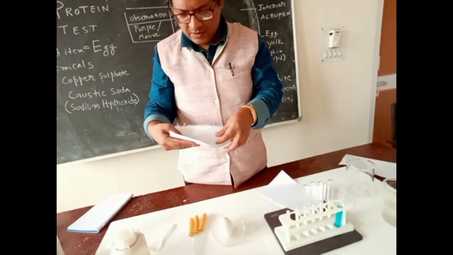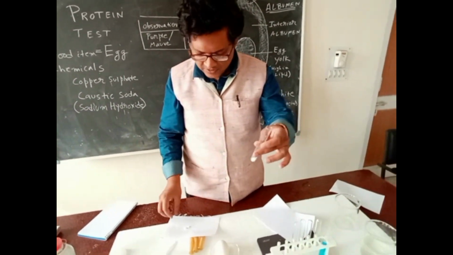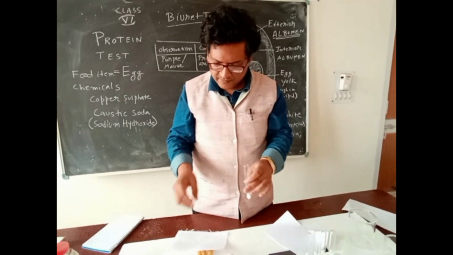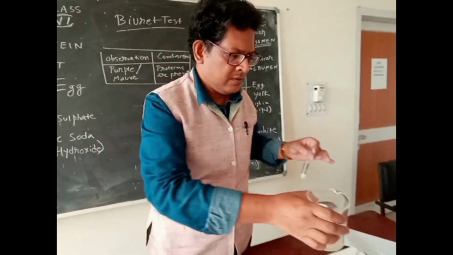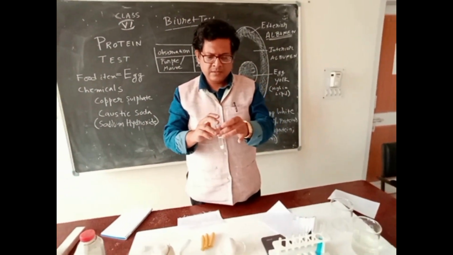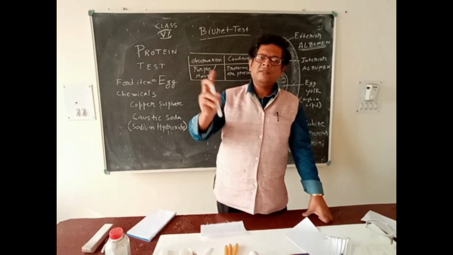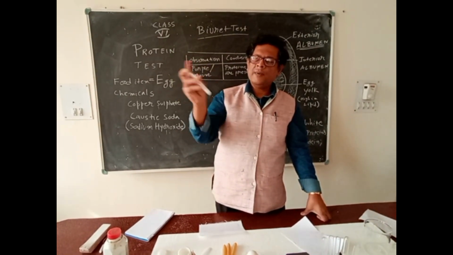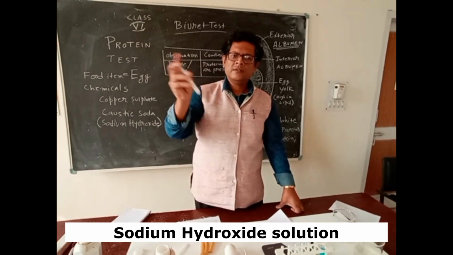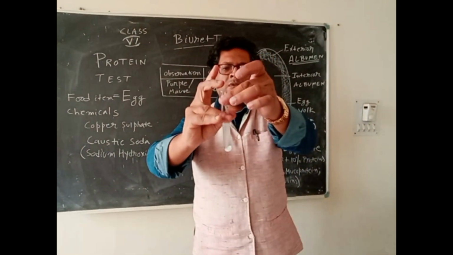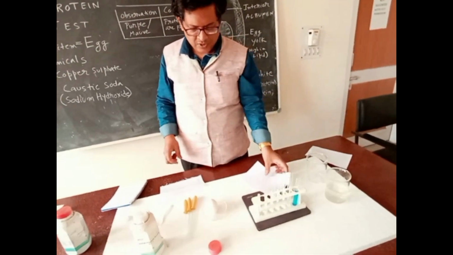Even we can pick it with bare hand, no problem, and we simply put some pellets in it, then add some water, then I simply shake it with another finger, not the same finger, because there is a possibility that on my other finger there is a little bit of copper sulfate. So you get it. That is the sodium hydroxide solution.